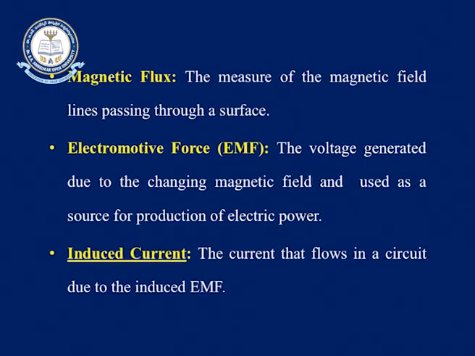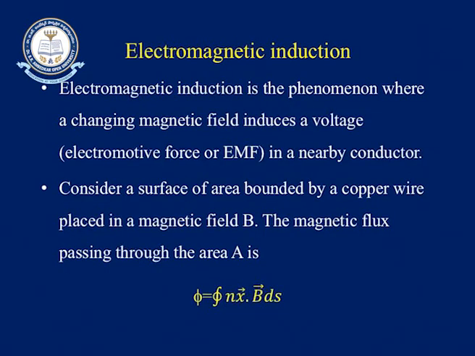So, we are using 3 terms here: flux, electromotive force, and induced current. Strength is represented by the flux, voltage is represented by electromotive force, and the corresponding current is represented as induced current.